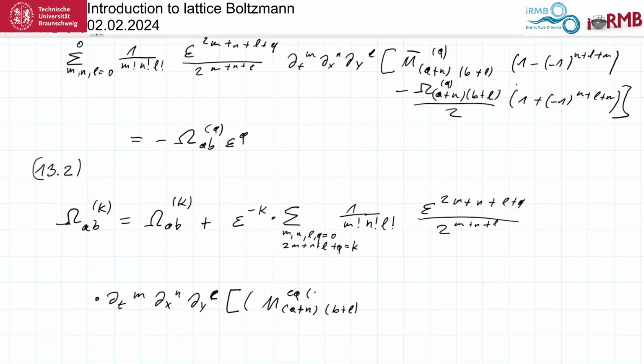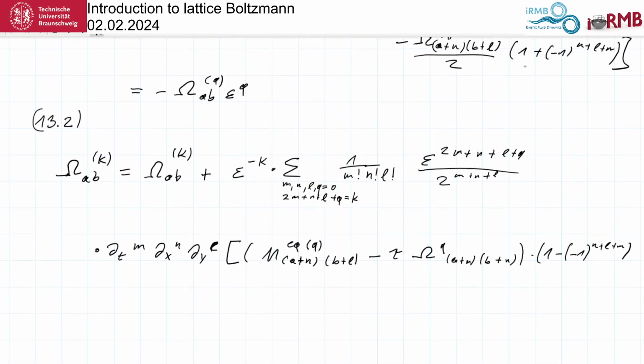We put in here the equilibrium: we replace M overbar by M minus the M equilibrium minus tau times the collision term, right? So Q, a plus n and b plus n, and all of this goes into 1 minus 1 to the n plus l plus m.